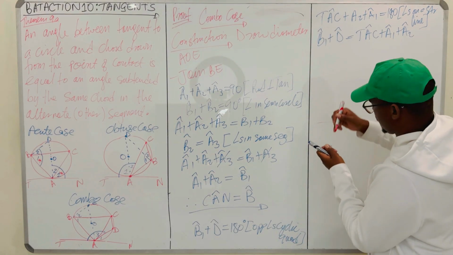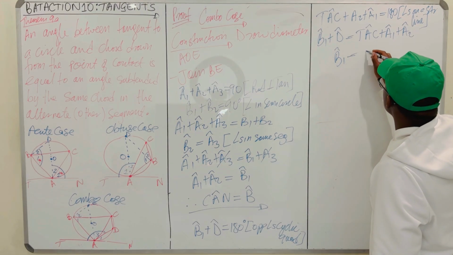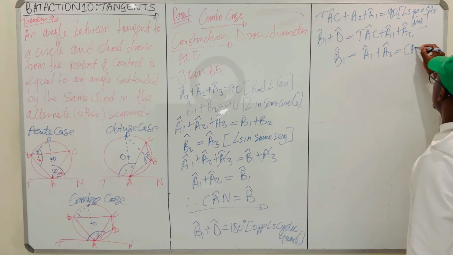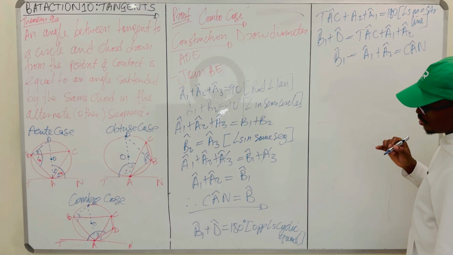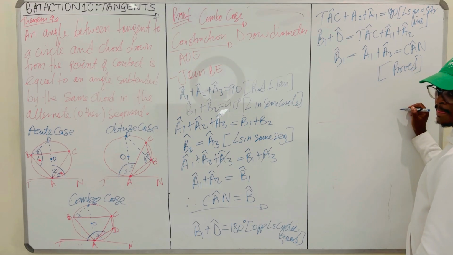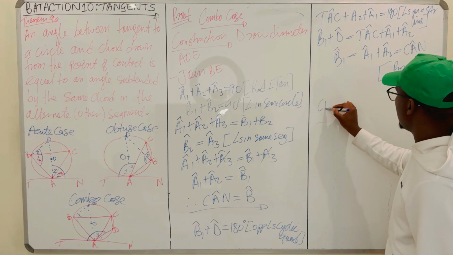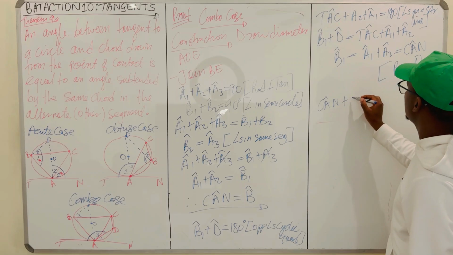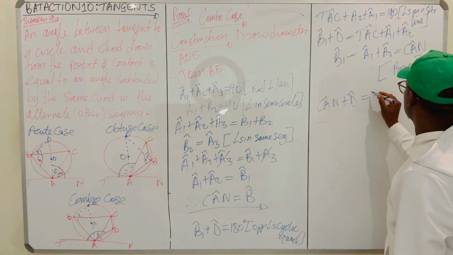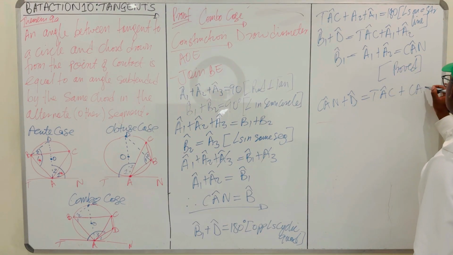You can say B1 is equal to A1 plus A2, and they're both equal to CAN. Is that true? Yes. We proved this above. So on the basis of B1, I can just say CAN plus angle D is equal to TAC plus CAN.